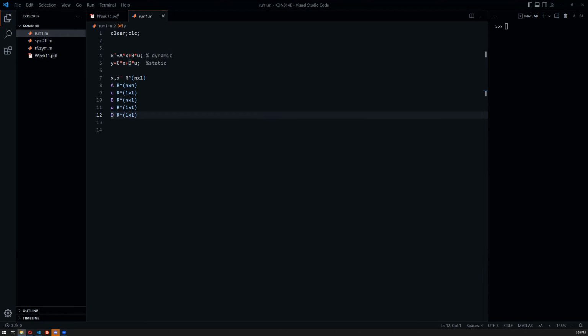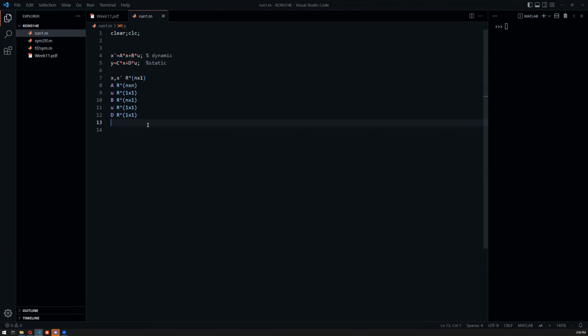What about C? So since x was n by 1 and y is 1 by 1, this should be 1 by n times n by 1 to have a scalar. So C is going to be in R^(1 by n).